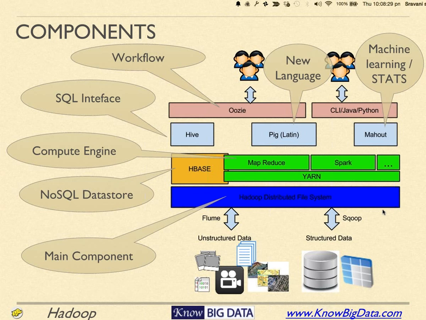Now, Vina's question is HDFS versus HBase. It's like a question of whether we have some data and should store it as a file or in MySQL. It's up to you.